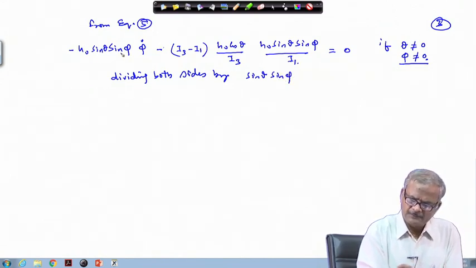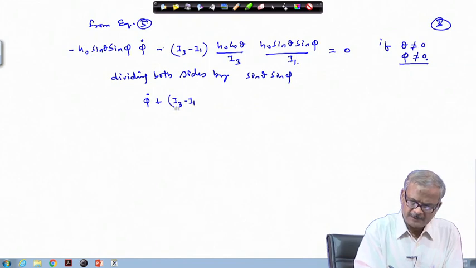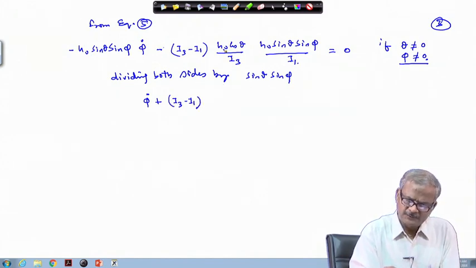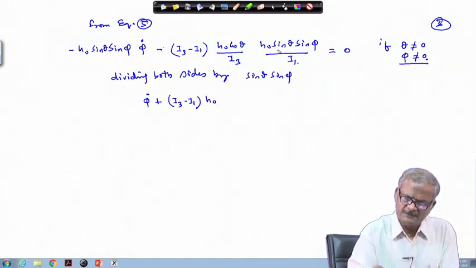So, what we get from here, H 0 also will be eliminated. So, we will have here phi dot plus I 3 minus I 1, H 0 gets eliminated, and here we get as H 0.